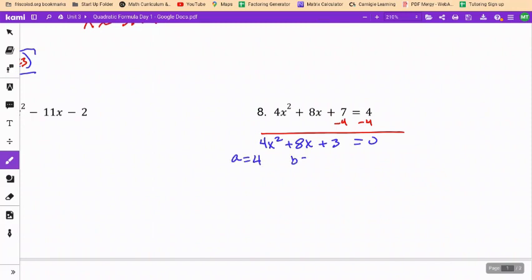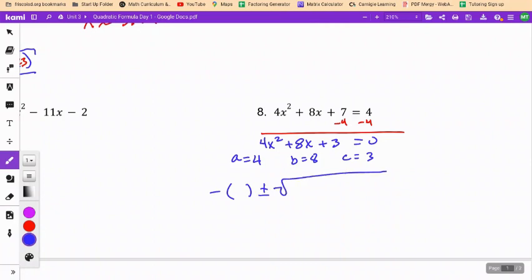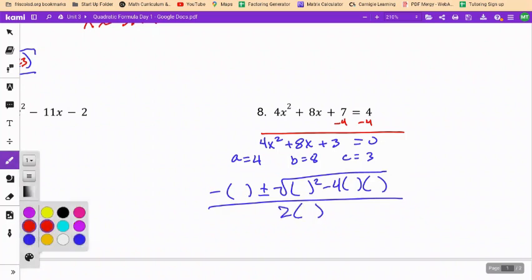A is 4, b is 8, c is 3. Then I use negative b plus or minus the square root of b squared minus 4ac, all divided by 2a, and substitute my values: b is 8, b again 8, a is 4, c is 3, a is 4.